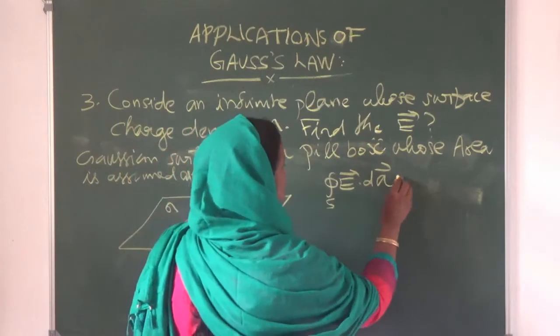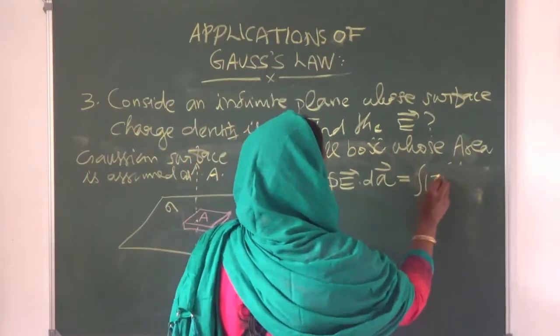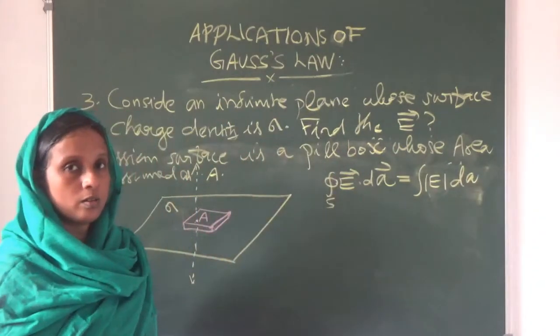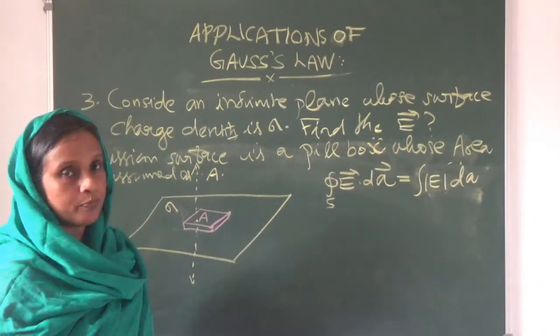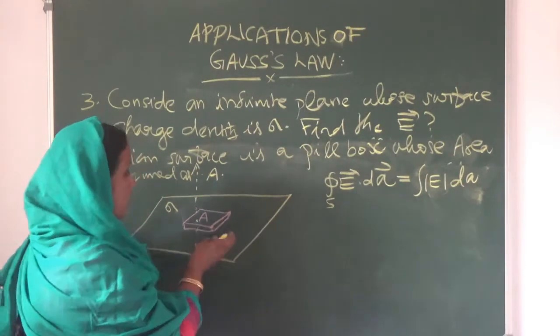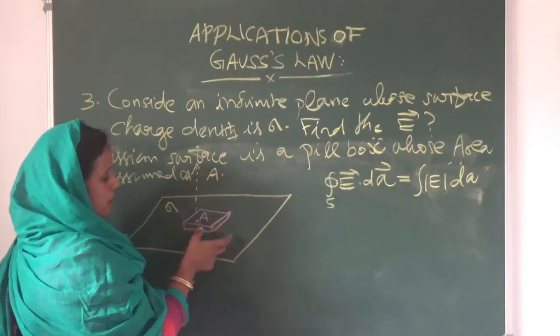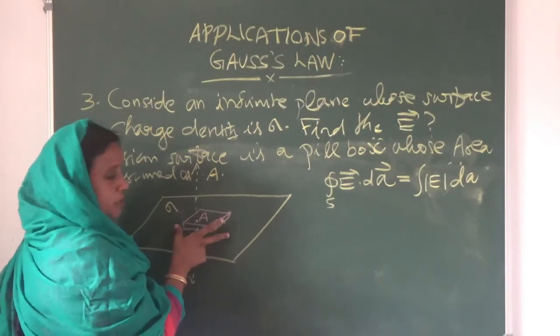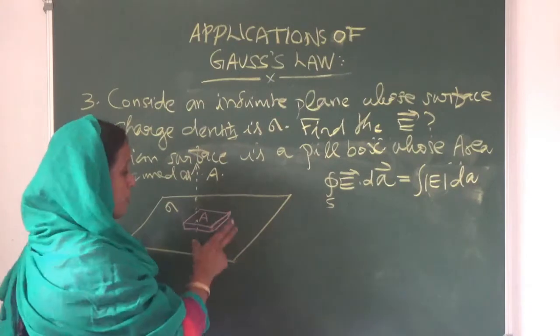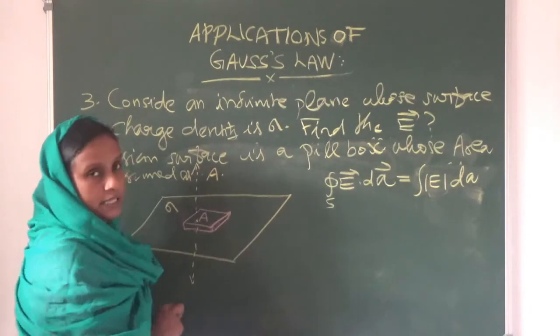as mod E dA. Okay. Now we can see that on the sides of this pillbox, the electric field and area vector are mutually perpendicular, and so they cancel out.